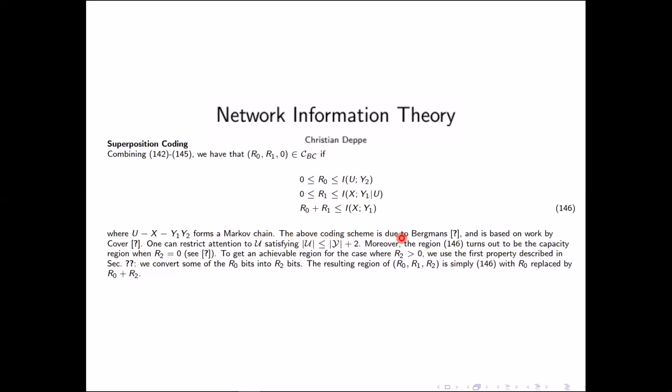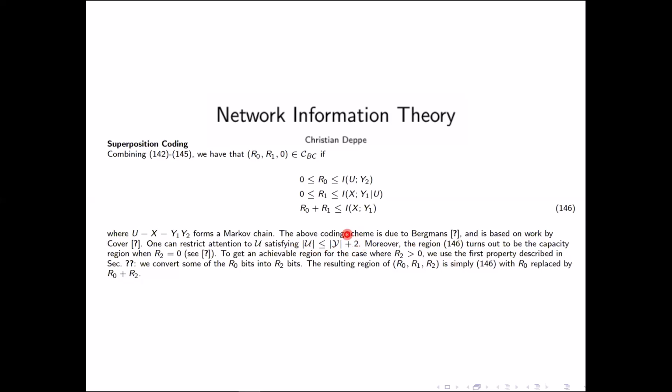This is due to Bergmans, and is based on the work by Cover. I think it's also in Cover's well-known book, where you can find this construction, also the Bergmans one. And it turns out that this U can be made smaller than the cardinality of Y plus 1, so the cardinality of U can be restricted.